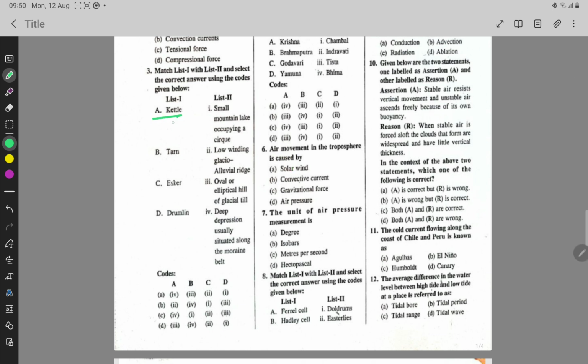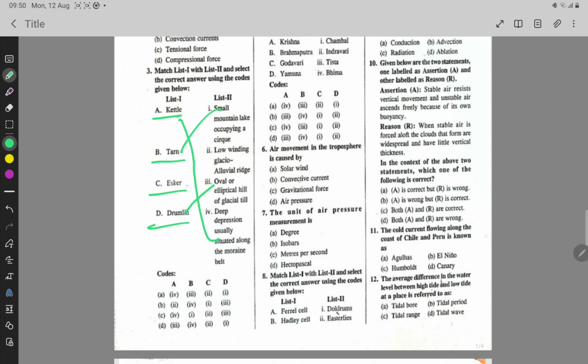We have landforms, kettle, tarn, esker, drumlin. Small lake, mountain lake occupying a cirque, that is tarn. Low winding glacial ridge, oval or elliptical hill of glacial till, that is drumlin. Then deep depression usually situated along the moraine belt is kettle.